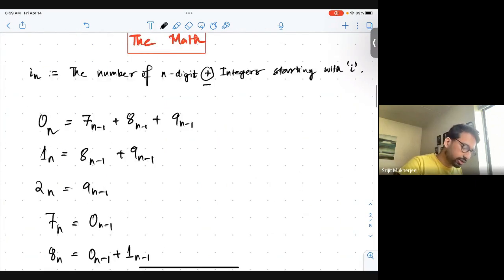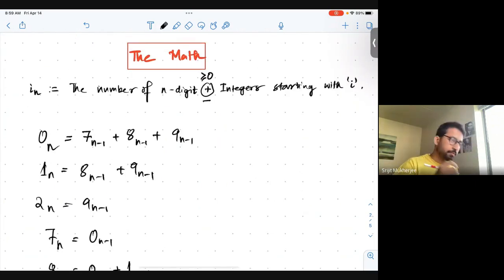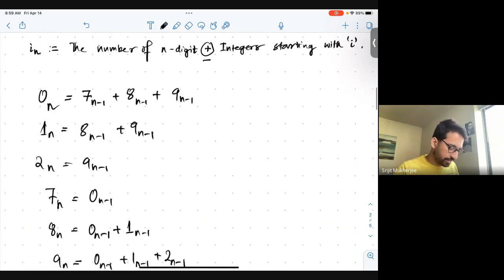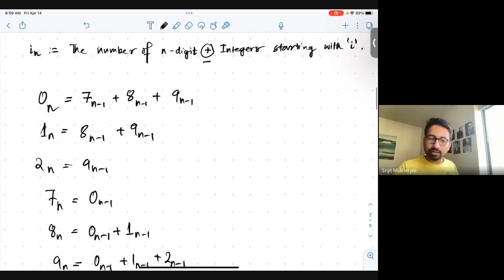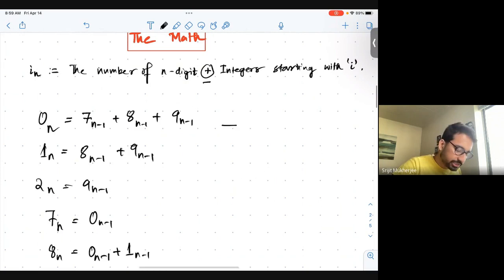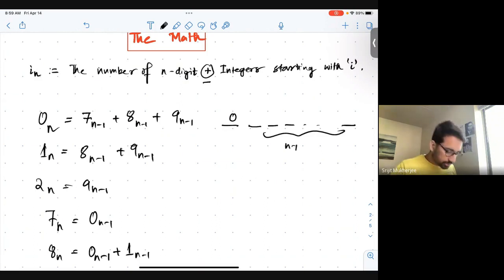Or we can say non-negative integers, no, positive integers that start with i. Great. Now observe that a_0(n) is nothing but an n-digit number that starts with 0, and there are remaining n minus 1 digits left. So now, after 0, you have possibilities of 7, 8, and 9.